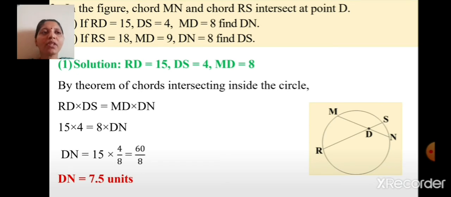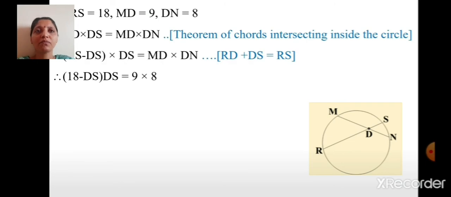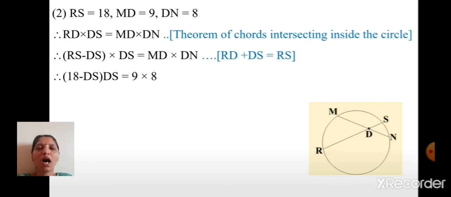Okay, now you have to solve the second question. So RS is given as 18, MD is given as 9 and DN is given as 8. Let's apply the theorem of internal division of chords. You can write here RD into DS is equal to MD into DN.